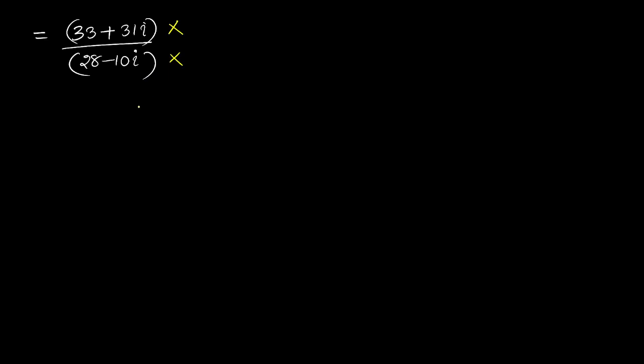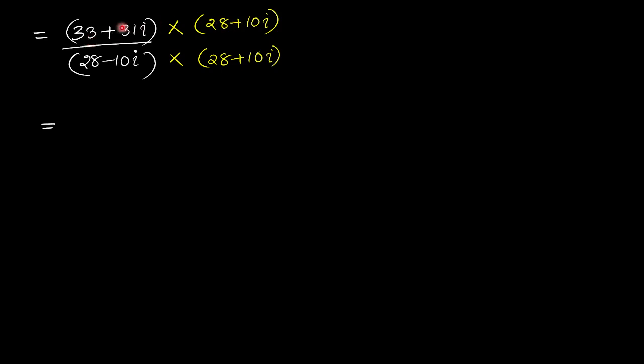You have to multiply with the conjugate of the denominator. The conjugate of 28 minus 10i will be 28 plus 10i. So in the case of division, we must multiply numerator and denominator by the conjugate of the denominator. Don't forget it. Then you just open the bracket. The number is a little bit large, so you should be careful.